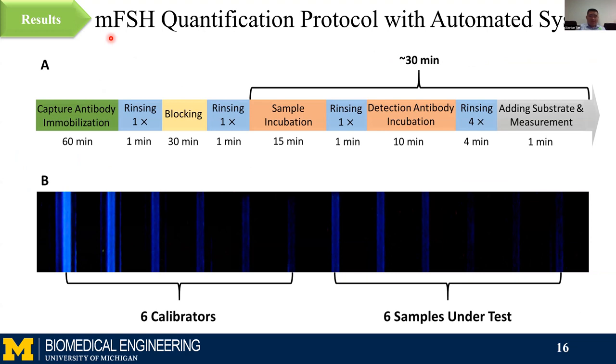We quantified the mouse follicle stimulating hormone from a tiny drop of tail vein blood with the system in only 30 minutes. The traditional way of quantifying this hormone is using radioactive immunoassay, which takes several days to complete. But here we can get it in 30 minutes. This is because we have a much higher surface to volume ratio, which means we have a higher reaction rate.